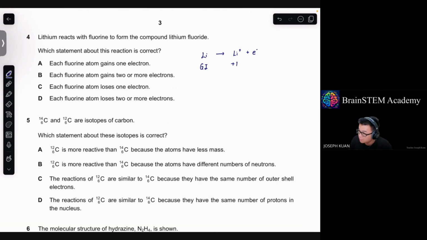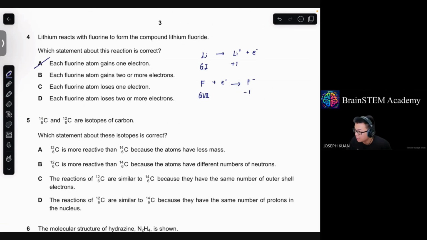For fluorine, a group 7 element, it will receive an electron to turn into -1 charge. So the best answer for this question will be A.